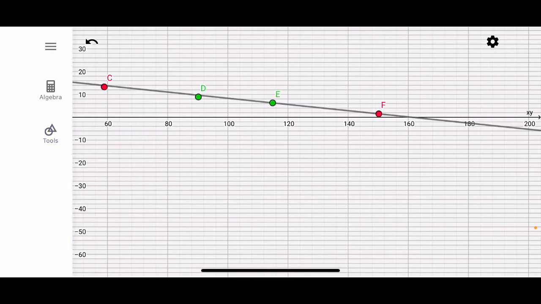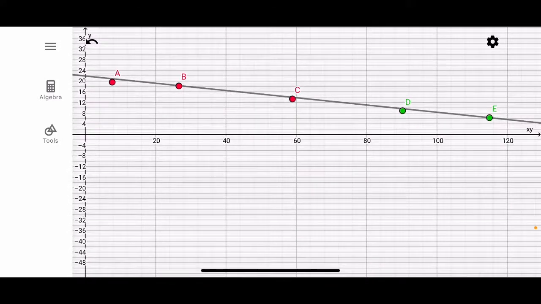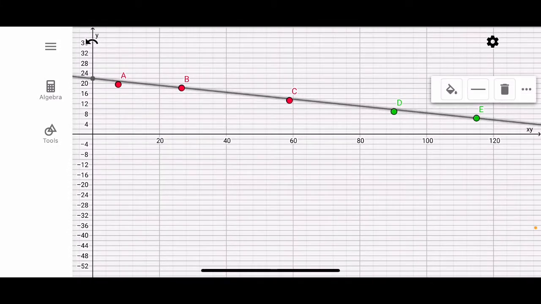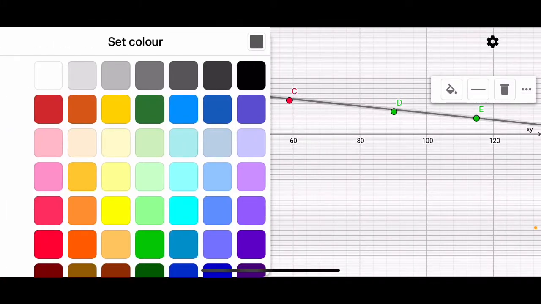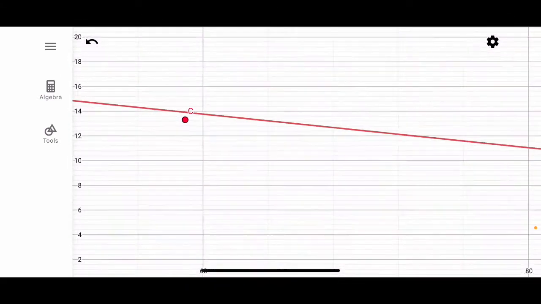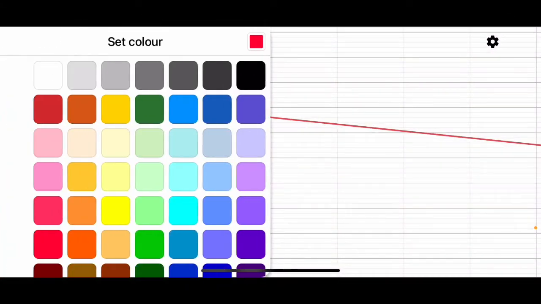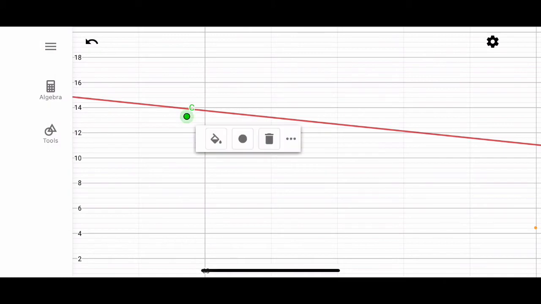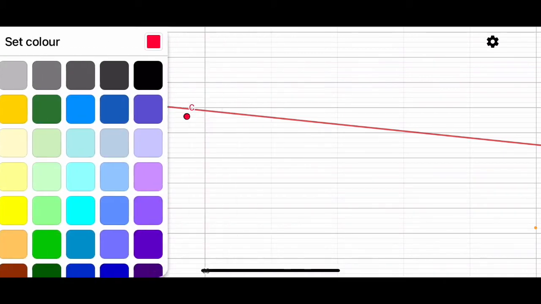Right, let's study the points on the line. As you can see, for this line, let's use this color. Now we can see that this point was out of the line, so we use red color.